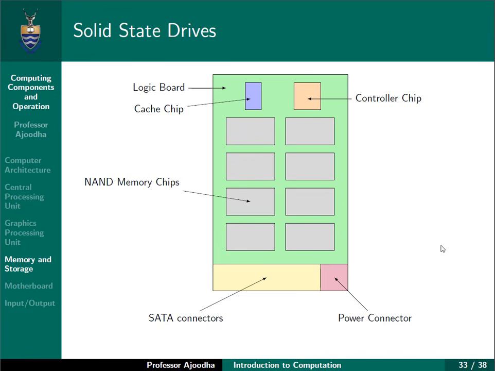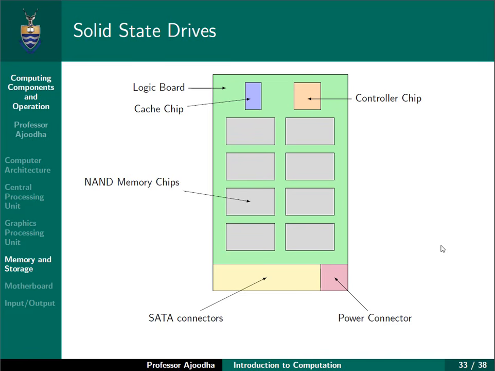Then next to the SATA connectors, you've got a power connector. That's what powers the actual SSD. And we've got flash memory, and this is NAND memory chips, which is a bit different from, it's not NAND as in the NAND gate, it's NAND as in a different type of NAND. But these memory chips, it's flash memory.